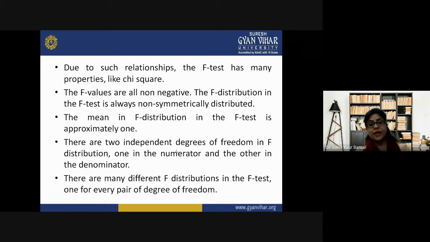And the mean in the F distribution is approximately 1. Just remember the value, it is 1. There are two independent degrees of freedom in the F distribution, one in the numerator and the other in the denominator. So this is somewhat the uses of the F-test we have discussed.